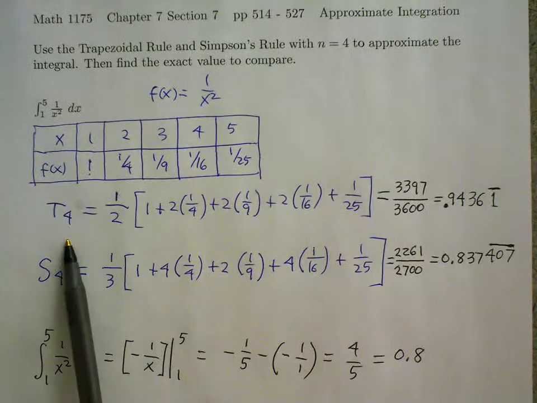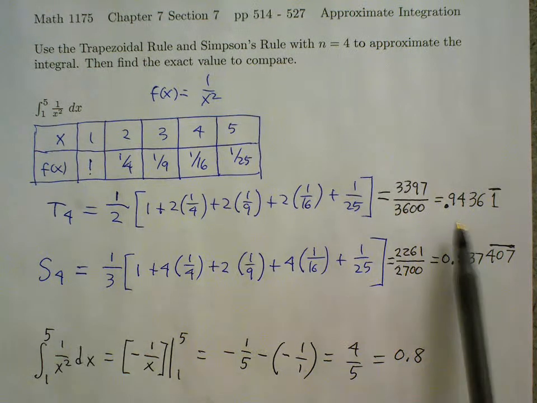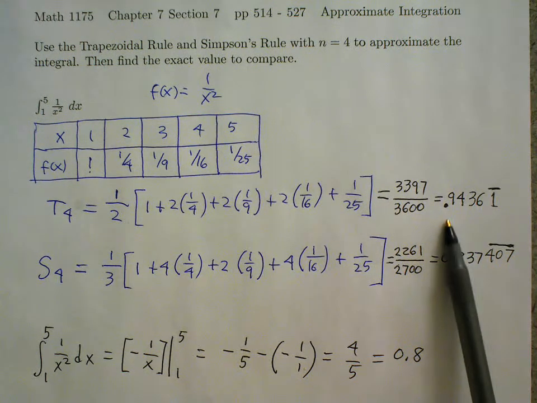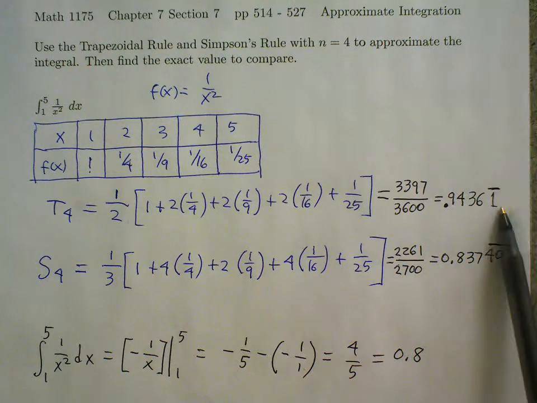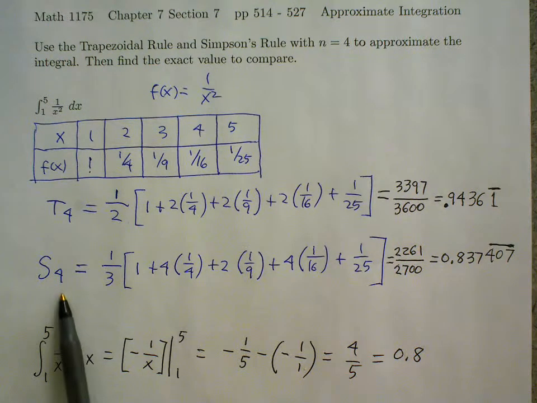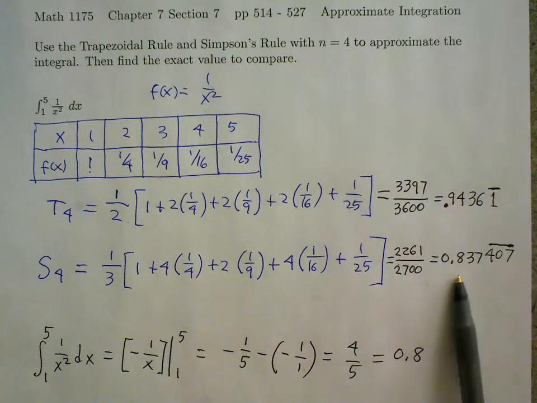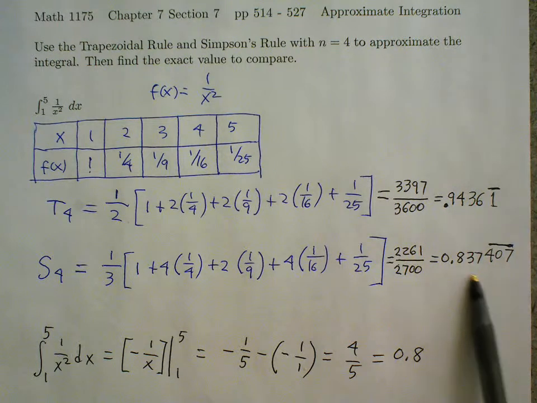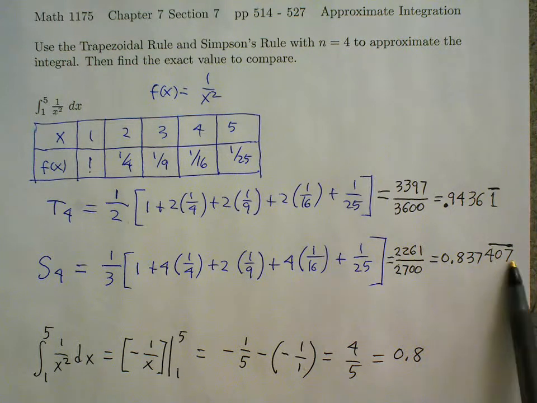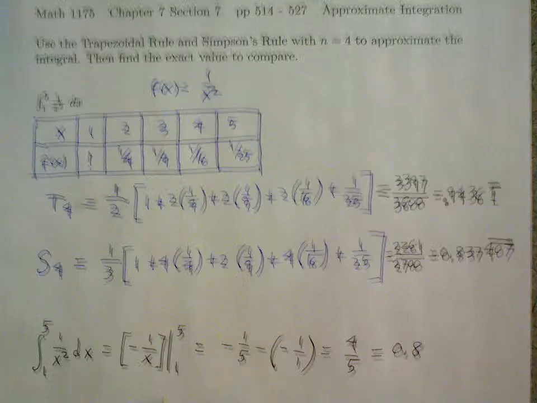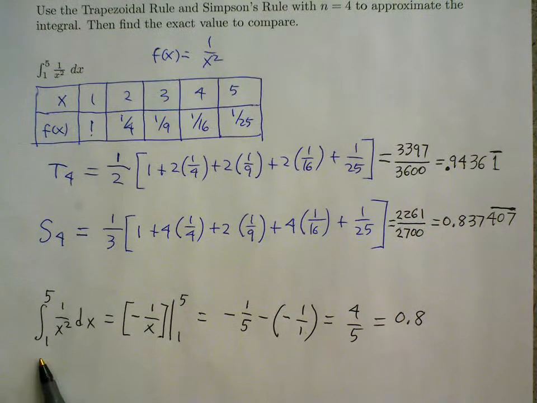The trapezoidal rule with n equals 4 gives us an approximation of 0.9436 and 1 repeating. Simpson's rule gives us an approximation of 0.837 and then 407 repeating. And we can compute the actual value of this definite integral, and it turns out to be 0.8.